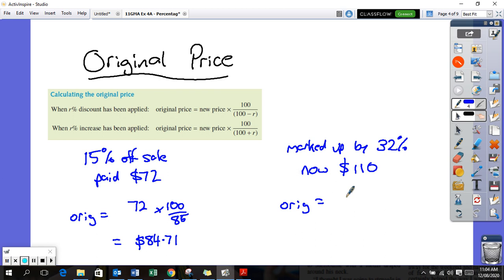So we go the new price, which is 110, times 100, divided by 100 plus R, so 132, and in my calculator I get that it was originally $83.33.